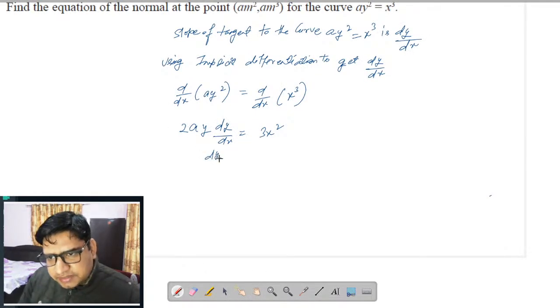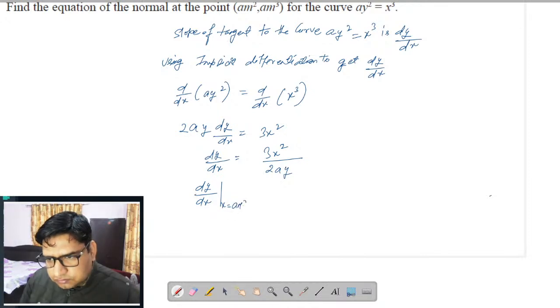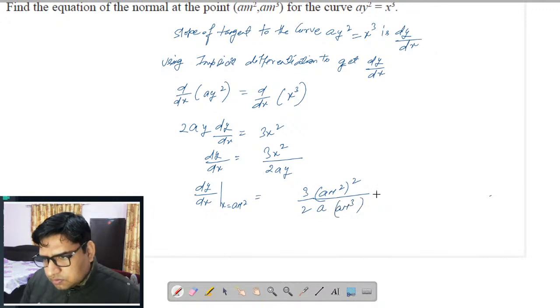So dy by dx is equal to 3x square upon 2ay. Okay, and dy by dx at x is equal to am square is equal to 3 times (am square) whole square upon 2a and the value of y is am cube.